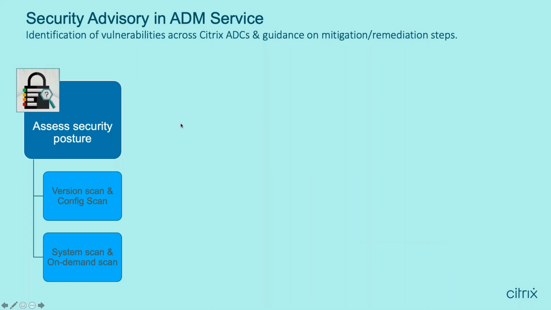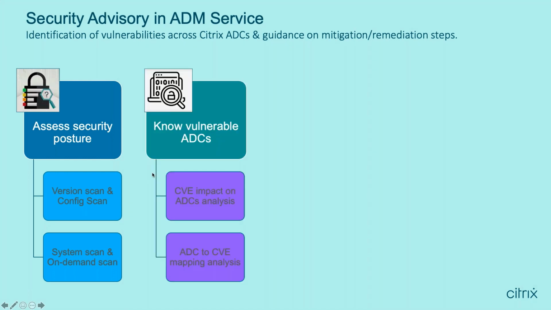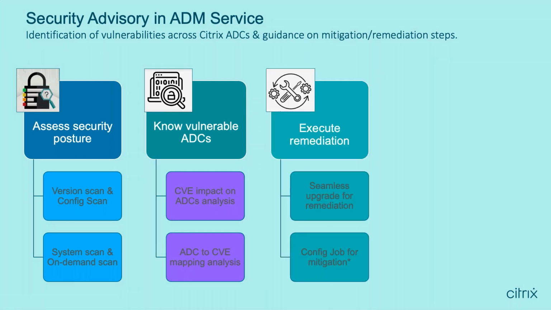Now, if you're not already using ADM Service to manage your ADCs and gain visibility of them, I just want to remind everyone that ADM Service has a specific area focused on security advisory features. Not only can you scan your various ADCs to see whether they're vulnerable, but you can automate config changes, find out what's vulnerable, and whether you need to do the change immediately or later.